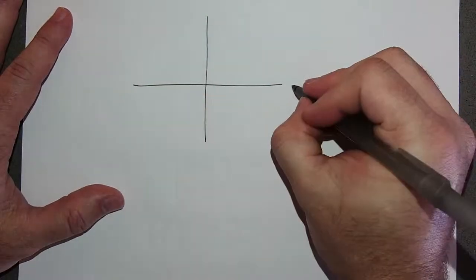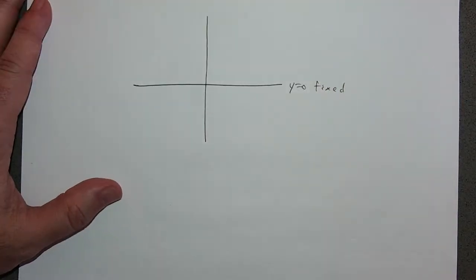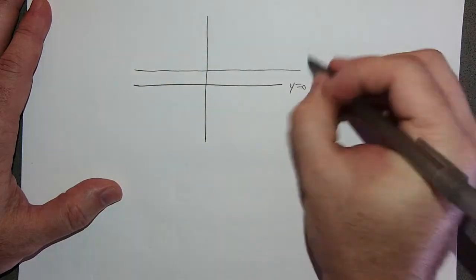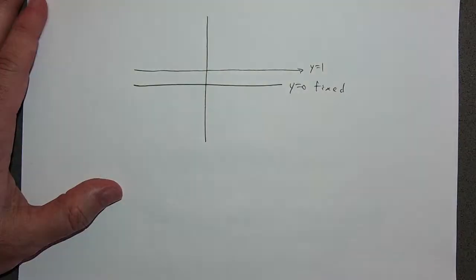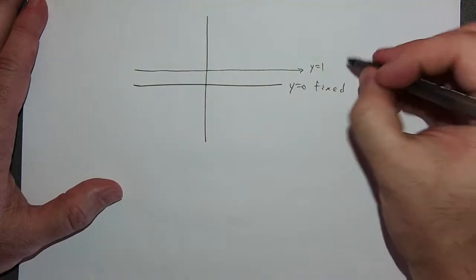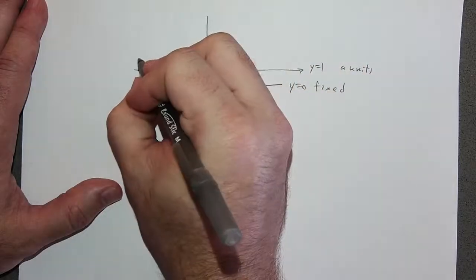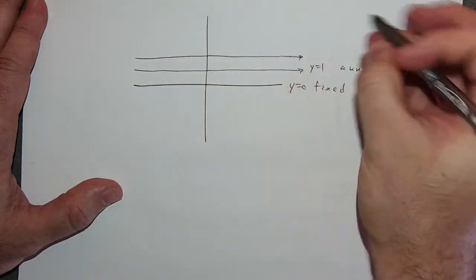The line y equals 0 is fixed. How about the line y equals 1? So y equals 1 is moved to the right a units. I'll say to the right because of this arrow here. Y equals 2 is moved to the right 2a units.